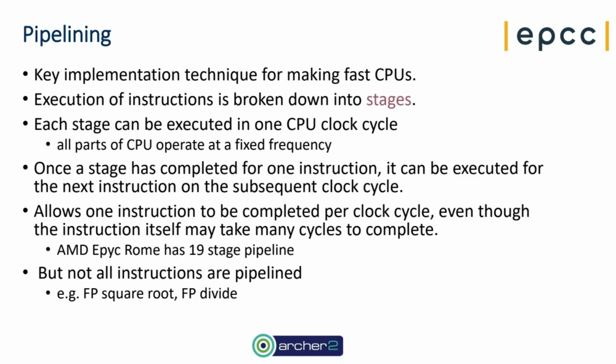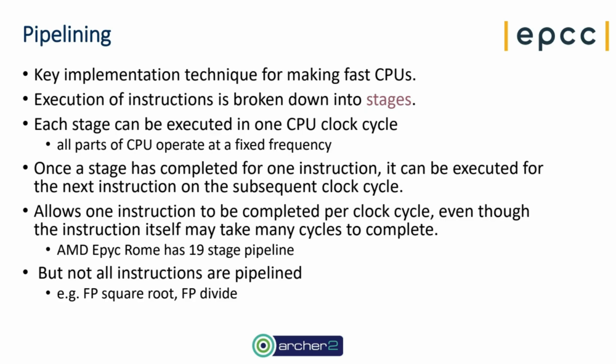However, pipelining mostly just happens. It's a low-level hardware feature, and there's not very much we can do to influence it as a programmer. One of the important things to note is that not all instructions are pipelined, and in particular, floating point divides and floating point square roots are typically not pipelined.